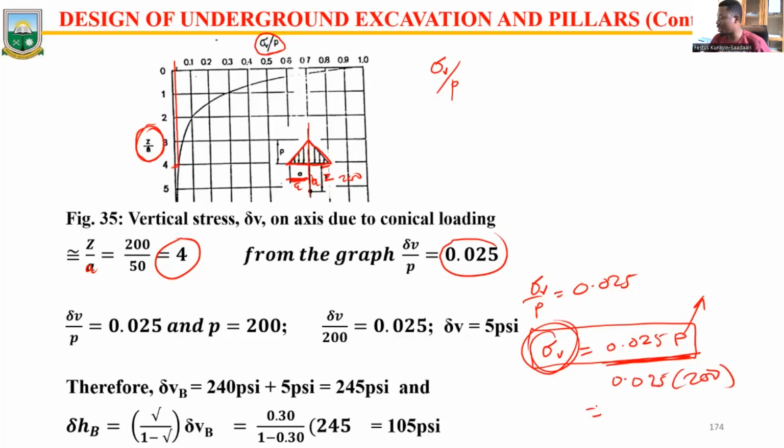And if you do that, what do you have? You have 5 psi, and that is this one. So now we were told that if you wanted to calculate the sigma V at the point B, it is going to be the 240 psi plus the force at the mountain, which is now 5 psi, and that will give us 245 psi.